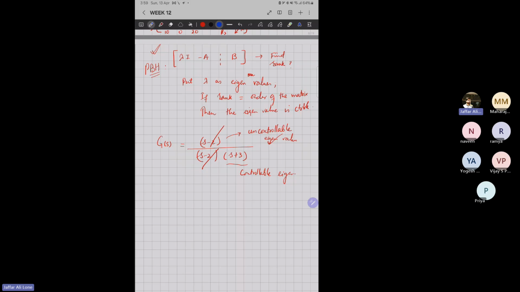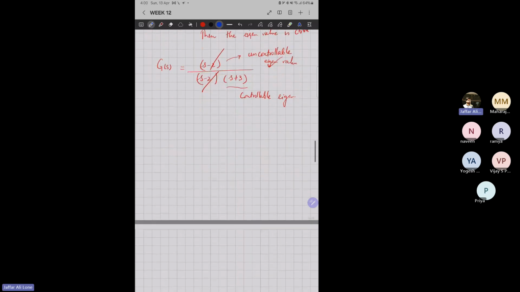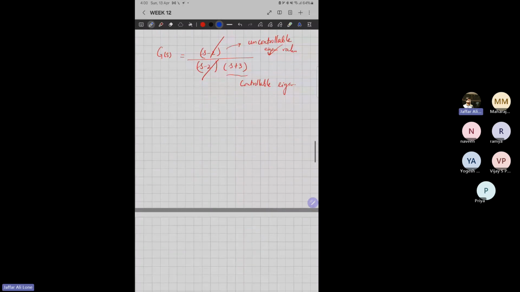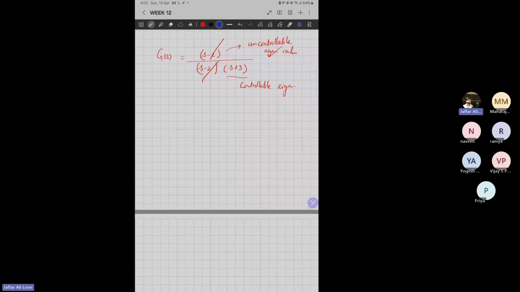Now there is another way of doing this. I'll show you. Now let's see something else. I don't know whether you have gone through your lectures or not. Have you studied controllability decomposition?